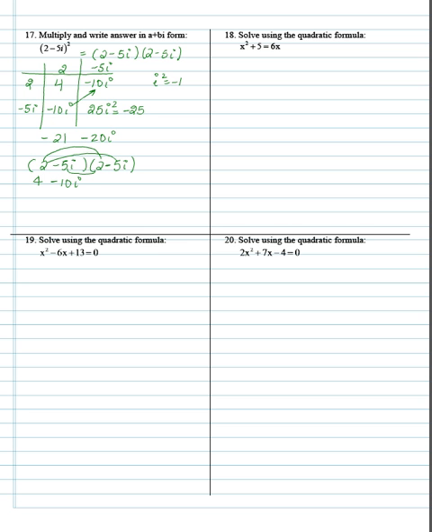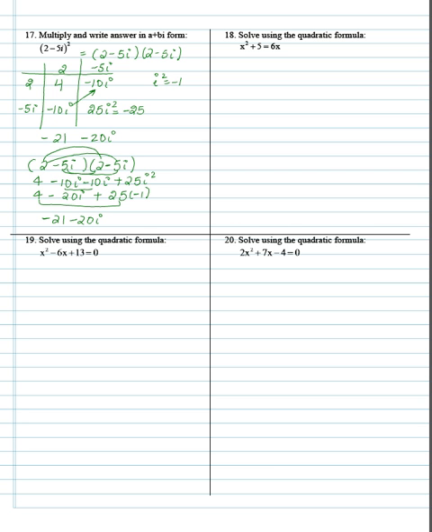Negative 5i times 2, negative 10i. Negative 5 times negative 5 is positive 25i squared. And i squared is negative 1, so it's negative 20i because I combined these two, plus 25i squared is 25 times negative 1. And when I combine these two, I get negative 21 minus 20i. Either way, whatever way you are comfortable with.